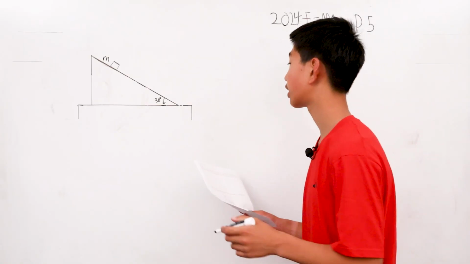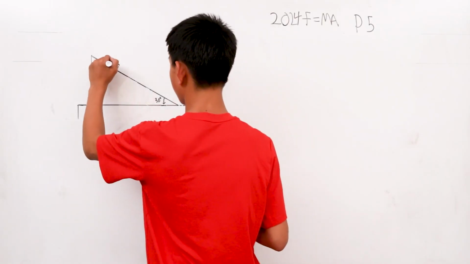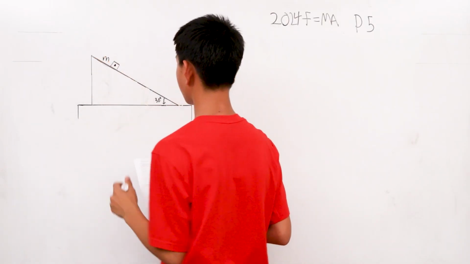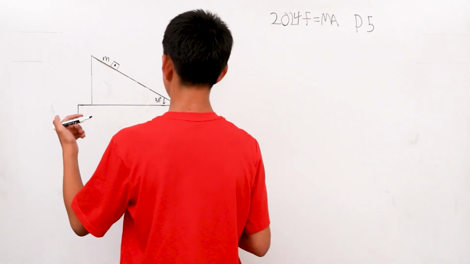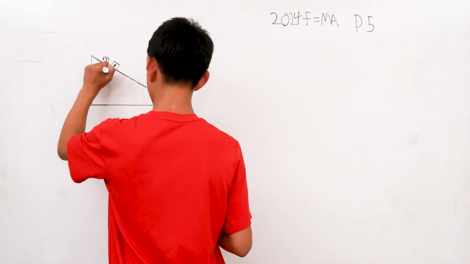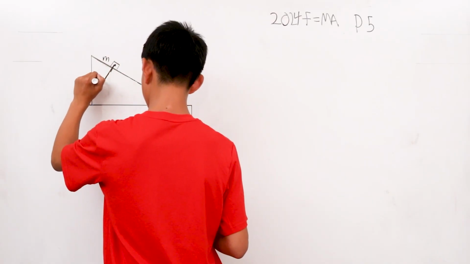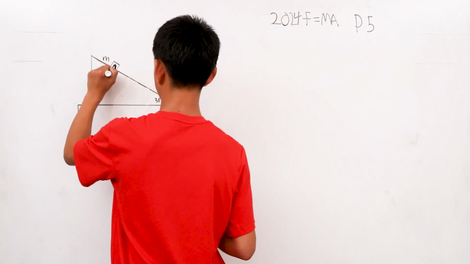Let's draw a free body diagram to show what's going on here. This is the center of mass for the block, let's say. There are really 3 components in this.